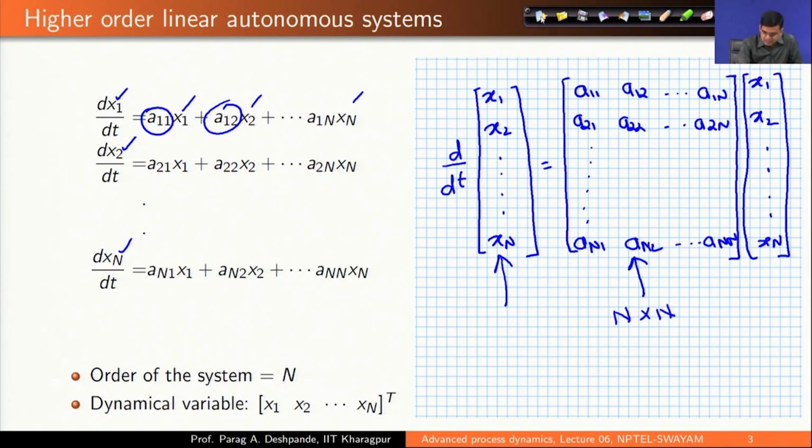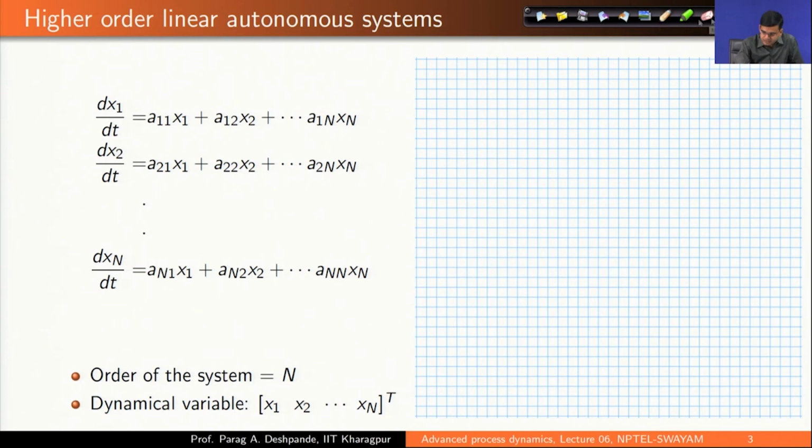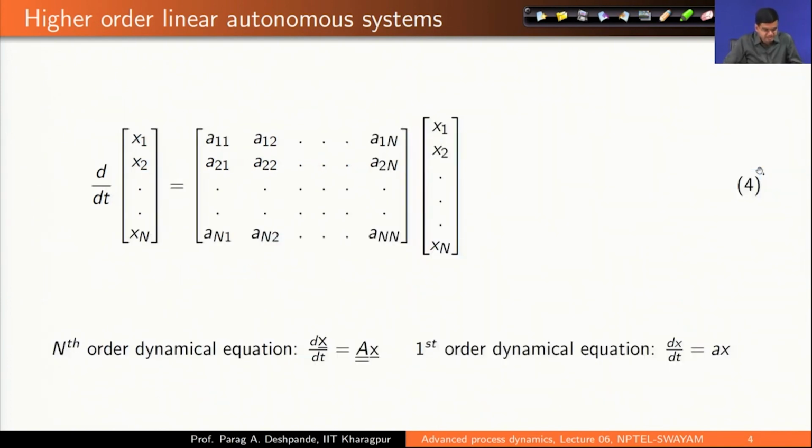Okay. So, let us see how the equation looks. The equation looks like this: d by dt of the dynamical vector is equal to the matrix multiplied by the dynamical vector, and we will use this notation consistently throughout the course, where the vector would always be represented by a single underbar, and a matrix would be represented by 2 underbars.